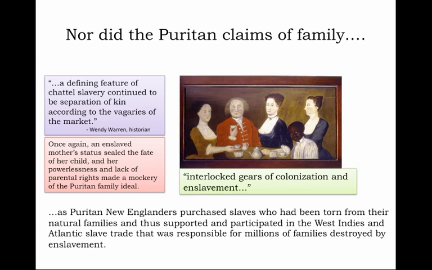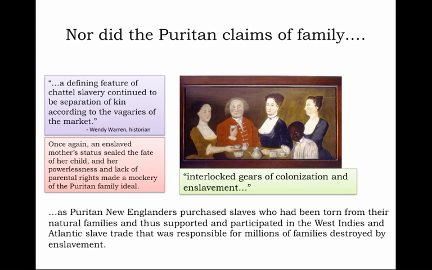So a double standard here, since the bonds of family did not apply to the families of enslaved persons, and the status of enslavement followed from that of the mother, just as it did in Virginia and elsewhere.